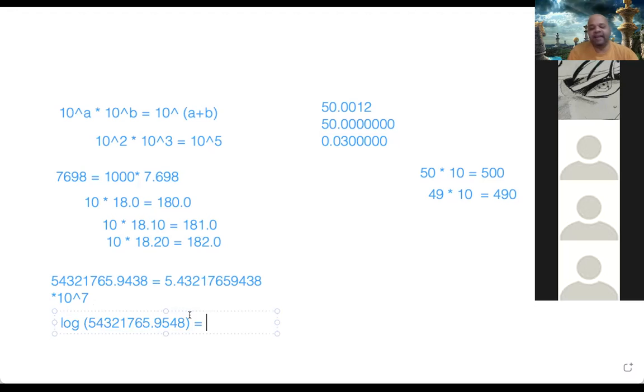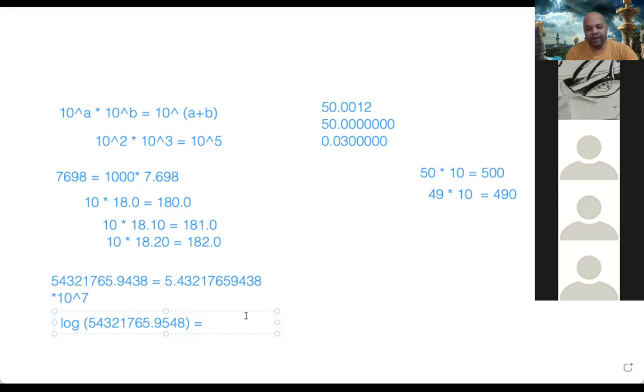Whenever it is 10 raised to 7, the log is always going to be 7. Log of 100 is 2, log of 1000 is 3. Log of 10 raised to 2 is 2, log of 10 raised to 3 is 3, log of 10 raised to 5 is 5. So log of 10 raised to 7 is 7.